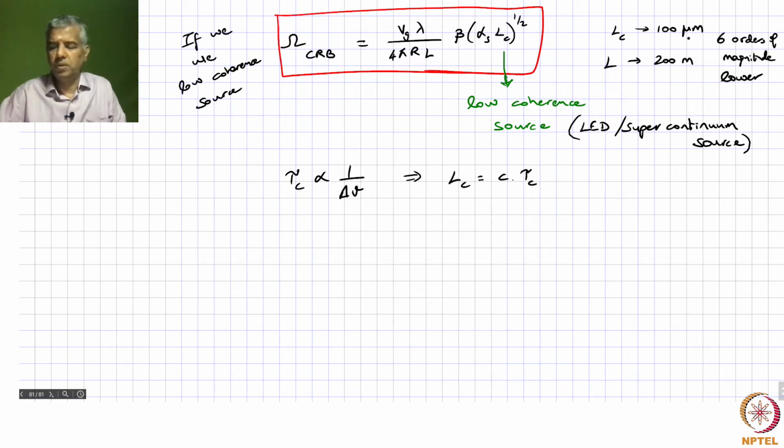If you choose a source with a much higher spectral width. Okay, so does that ring a bell? Where have we seen this before? The utility of a low coherence source. If you remember, when we started discussing phase modulated sensors, one of the first configurations that we looked at was optical coherence tomography, right?